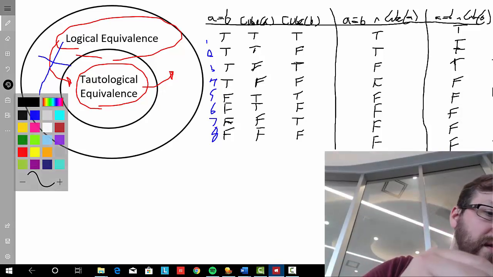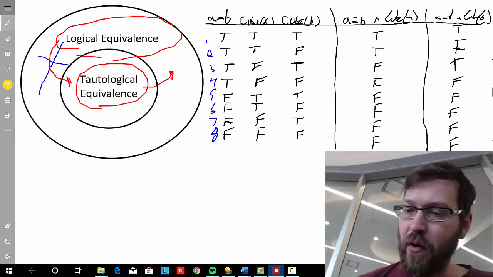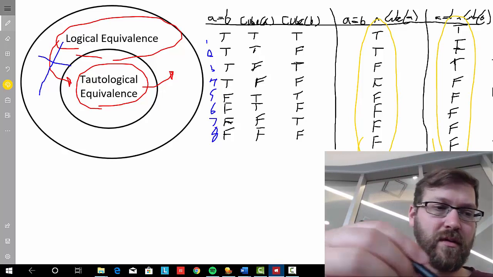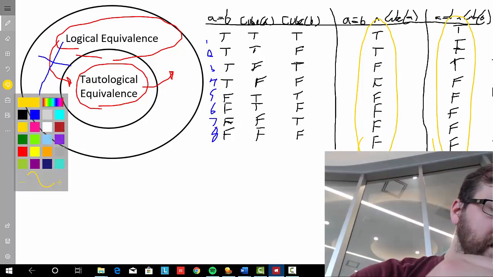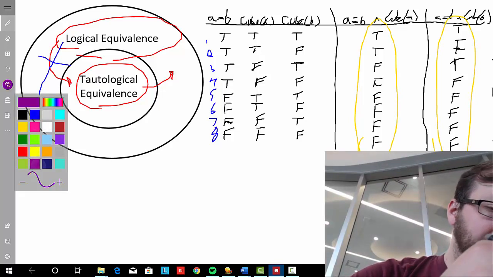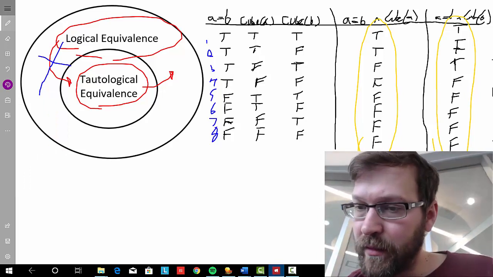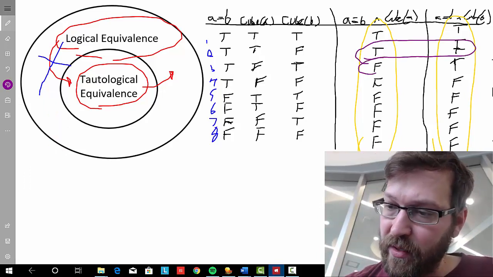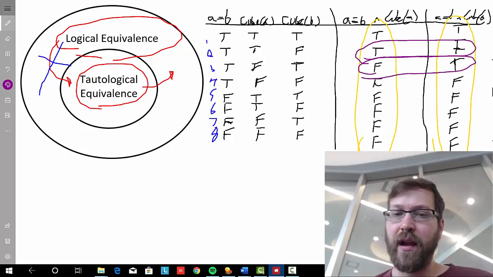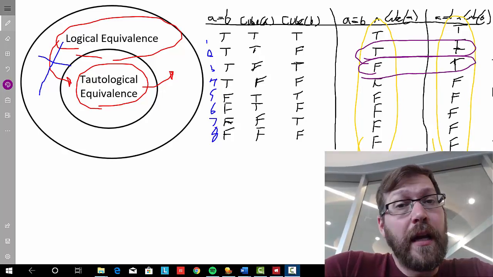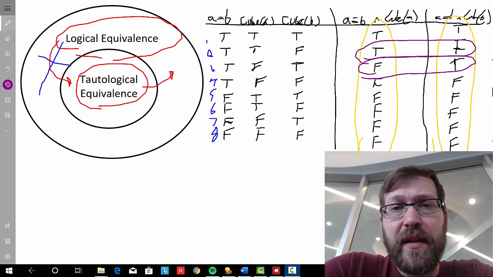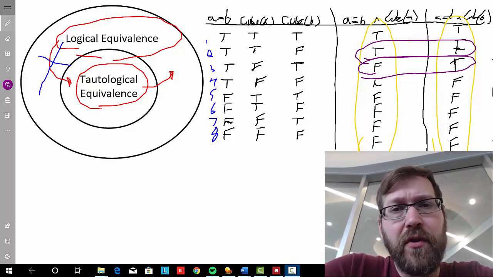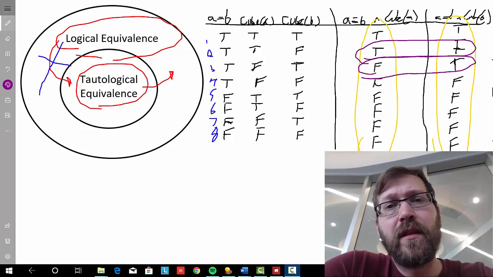And then when we compare our 2 columns, we'll note that they do in fact differ. They're not the same in case 2, and they're not the same in case 3. The reason is that, if you'll recall, our truth tables are only sensitive to the truth functional connectives.